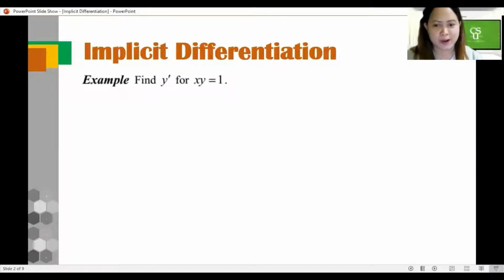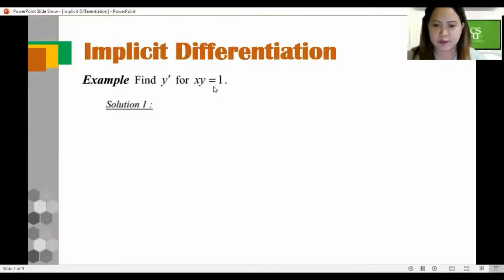Example number 1. Find y prime for x times y equals 1. For our first solution, we can always look at our function and solve for y in terms of x.